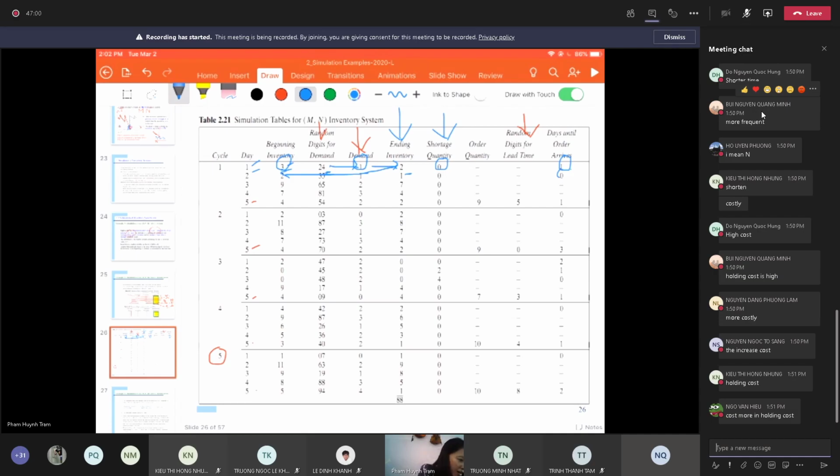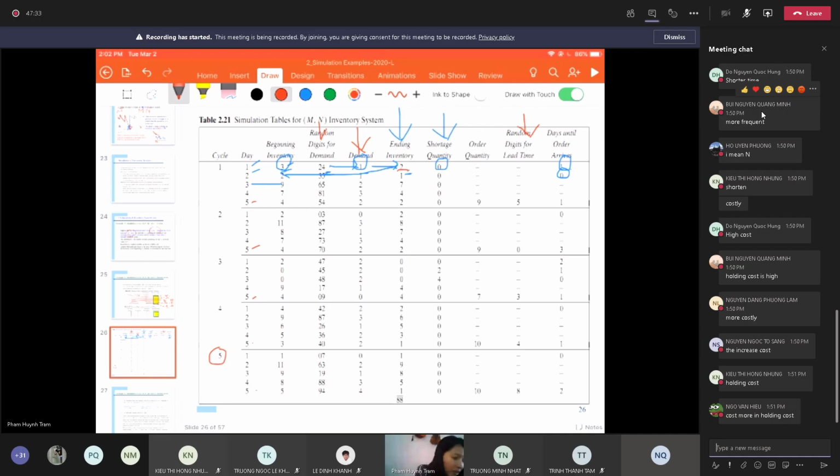So on day 3, what is our beginning inventory? Our ending inventory of day 2 is 1, this one here. And day 3 is also the day we receive the order from the supplier. We assume that we placed an order of 8 units in the previous cycle.